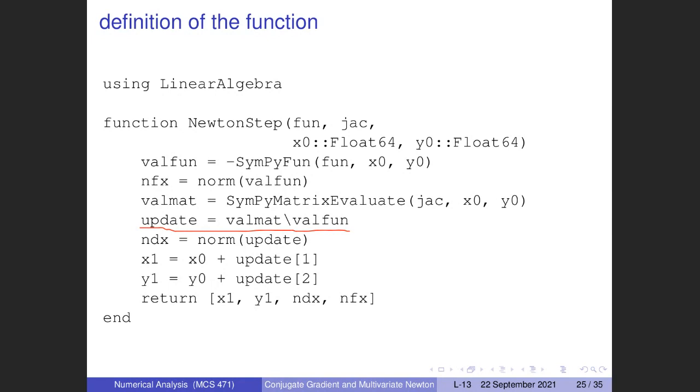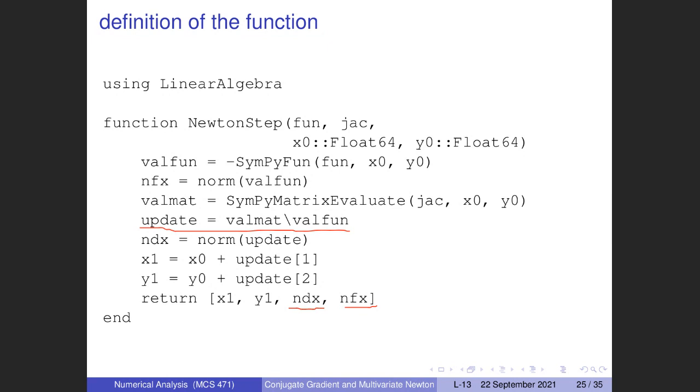Then what we return is the next point plus the norms. So here we have the estimate for the forward error and the estimate for the backward error. For well-conditioned problems, if everything runs well, they are of the same magnitude.